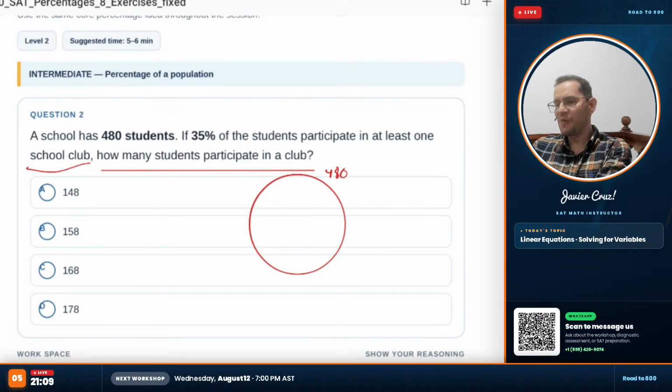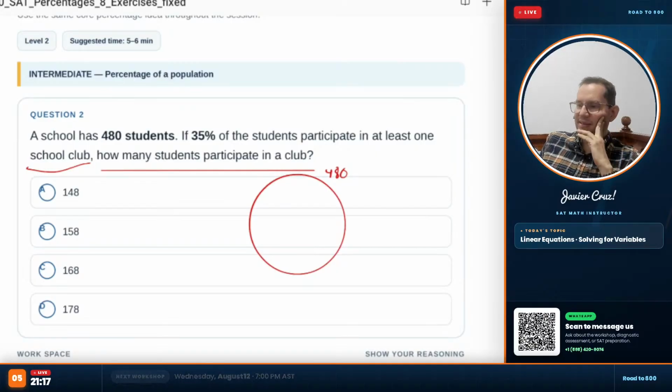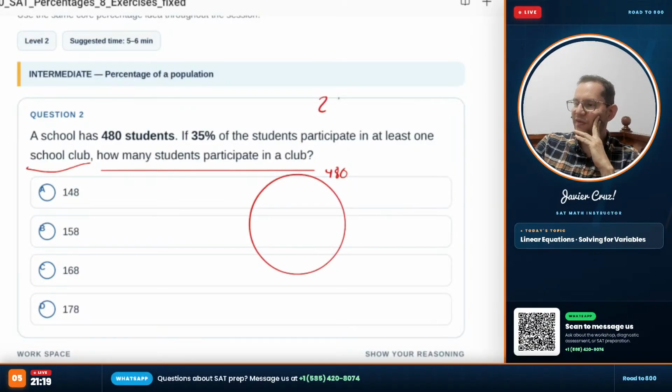So we need to find the 35% of that number, right? So the hard problem here is, okay, finding the 25% is divided by 4, right? How do we find the 35% of the number 480?